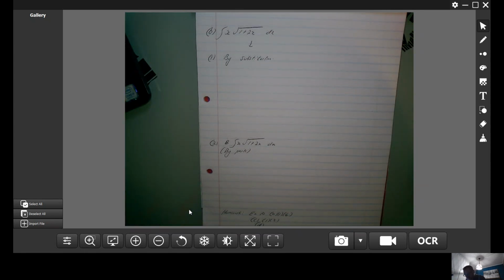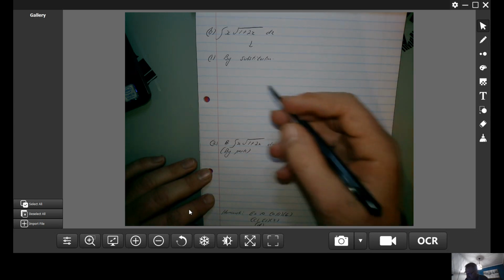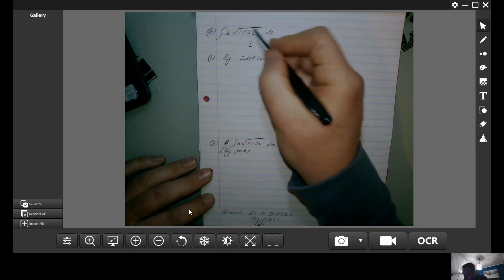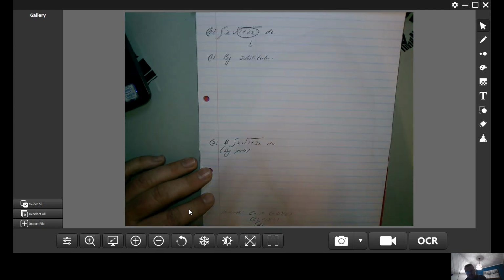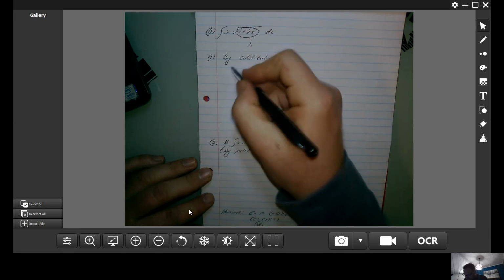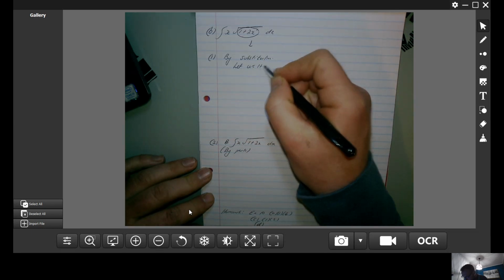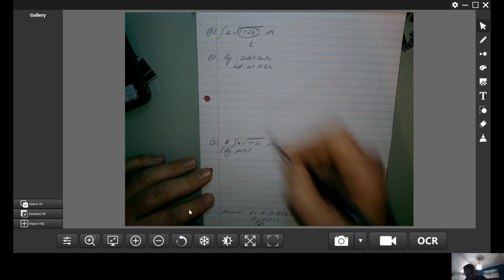Last one is question B from your textbook. So it's the integral of x root 1 plus 2x with respect to x. First of all, they said, let's do this by substitution. Well, if I do this by substitution, remember, always try to let that whole thing underneath the square root, or under a power, be equal to u. So I'll say, let u is equal to 1 plus 2x.